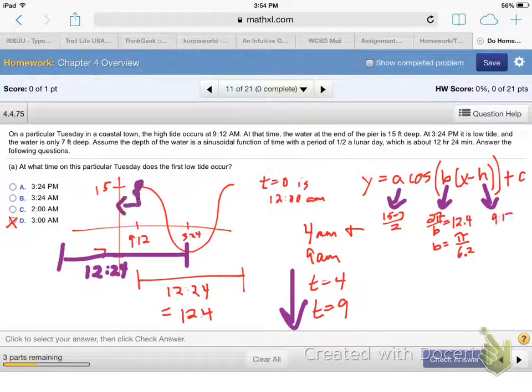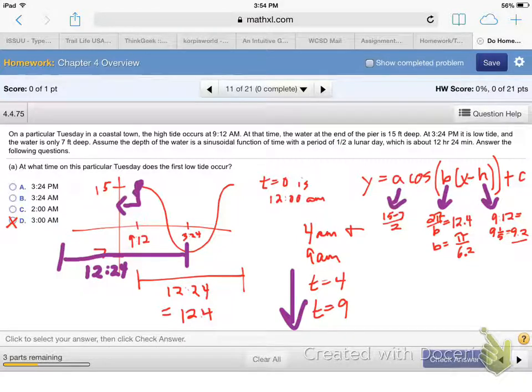And then h is our shift. Well, 9:12 over there on the left is our first peak that we know information about, our first high tide. A cosine curve usually starts at its peak at time 0. Well, this peak is happening at 9:12, so we can use that as our shift. That means we have a graph shifted right 9 hours and 12 minutes.